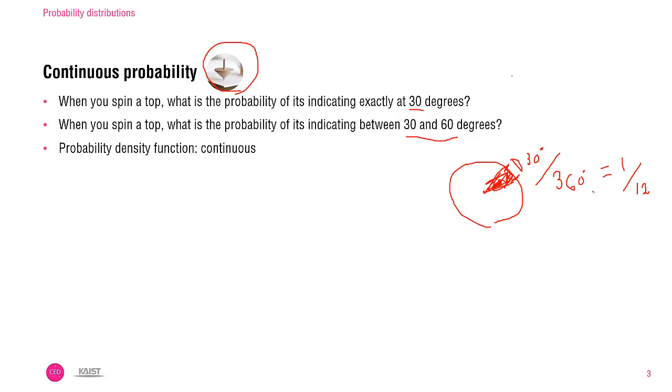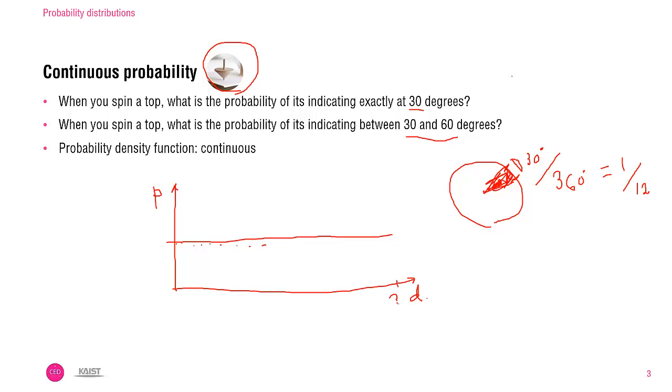Can we draw a distribution of the probability in this case? On the x-axis is the degree, and on the y-axis the probability. Because this top looks symmetrical, the probability will be equal. Theoretically, it's equal. And 360.